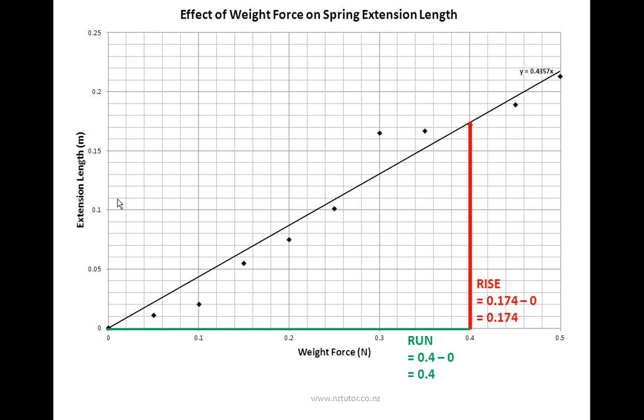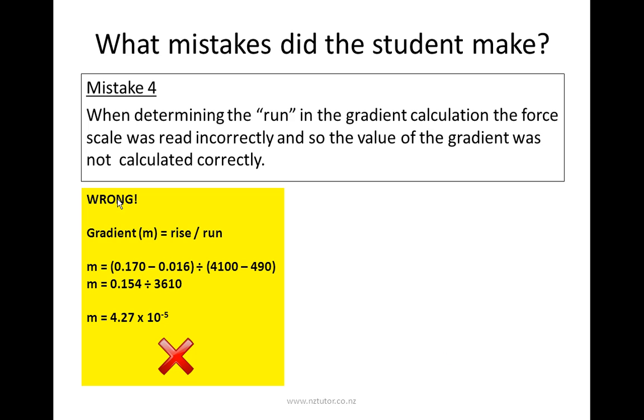When you look at the student's exemplar, it's not such an easy way to read the graph. Why not use this? It's a linear relationship, and so we can calculate it at any point along that line. So back to the correct calculation then, using those numbers.